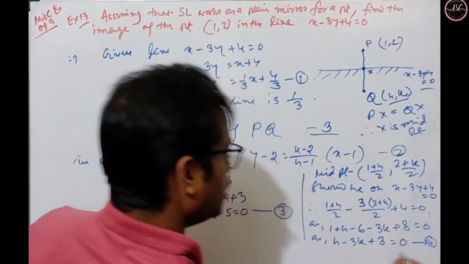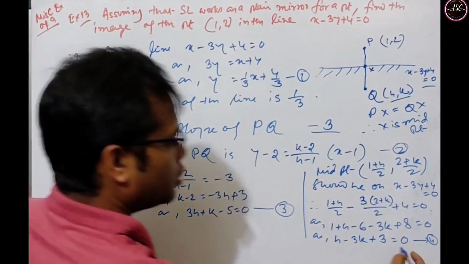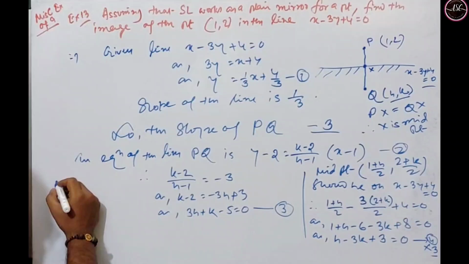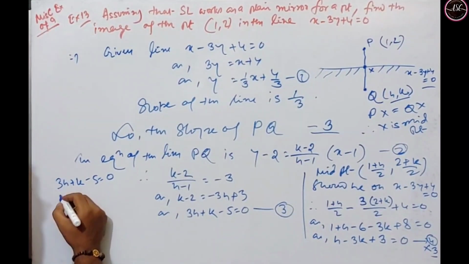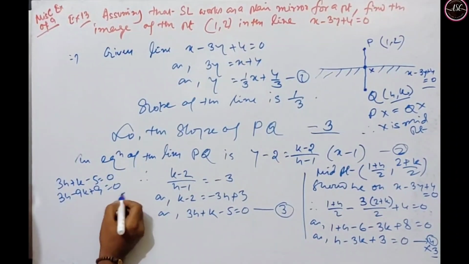This is equation 4. Now solving these two, equations 3 and 4, multiply equation 4 by 3. Here we get 3h plus k minus 5 equal to 0, and 3h minus 9k plus 9 equal to 0.